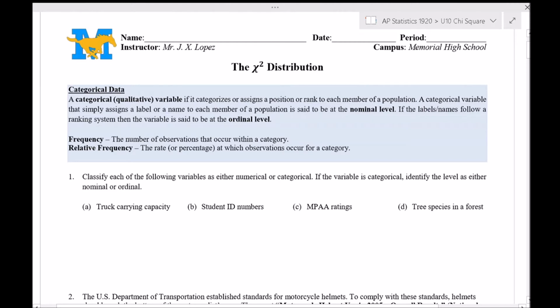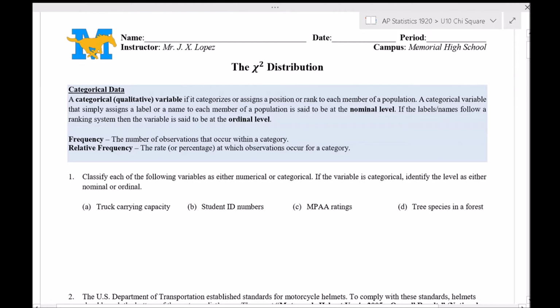So we'll define what a categorical variable is first off. A categorical variable is a variable that assigns each member of a population to a specific category, or to a position or rank. We have two types of categorical variables. One of them is called nominal.